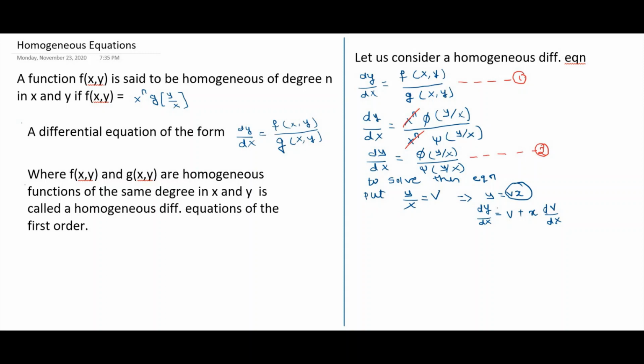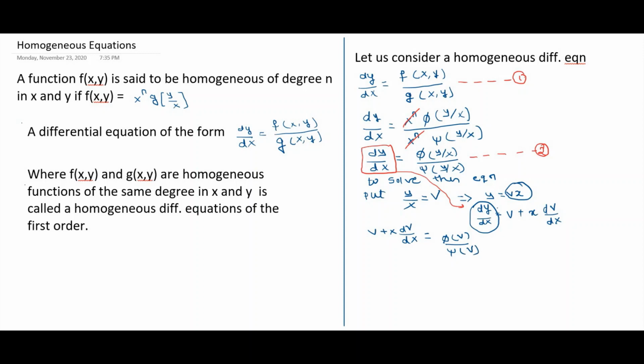If you substitute, you will get v plus x into dv divided by dx as the value for dy by dx, and this is equal to the right hand side, phi of (y by x, which is nothing but v) divided by psi of v.